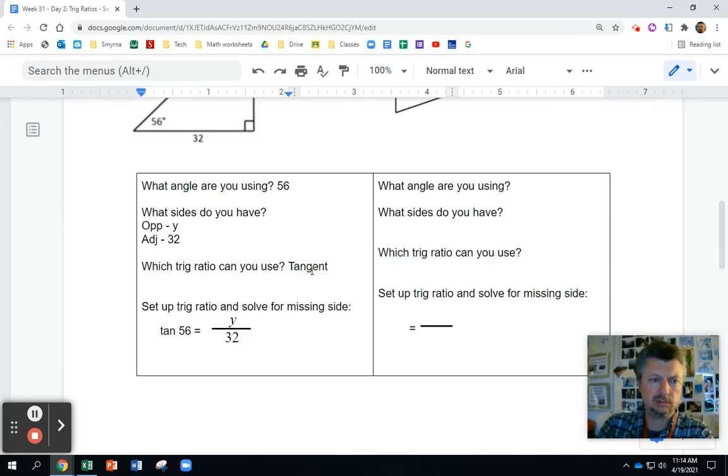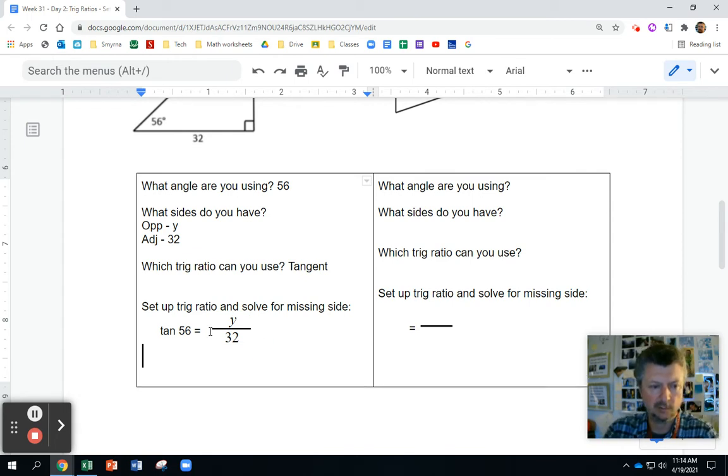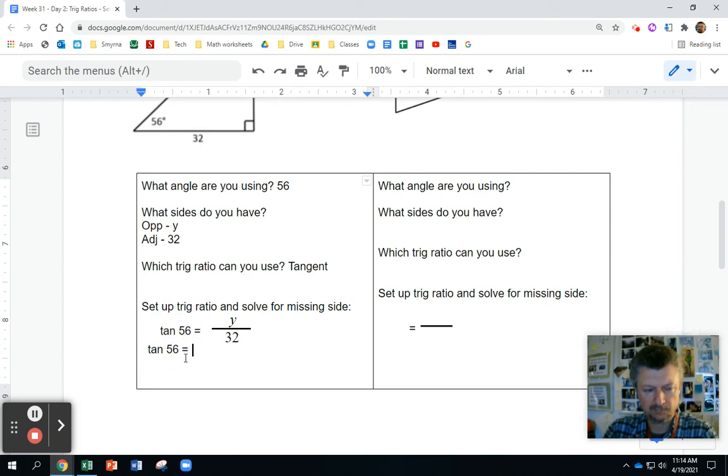Okay, so now we need to solve. You see this is y divided by 32. This is just the same as we did on day 1. We're going to multiply both sides by 32. So we're going to end up having 32 in the front.